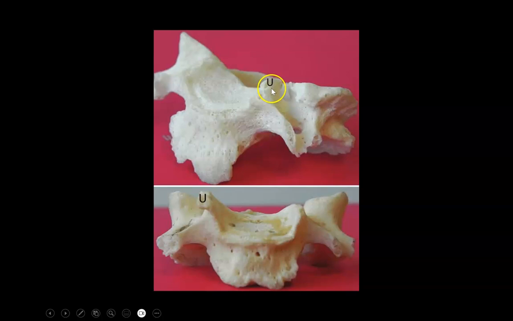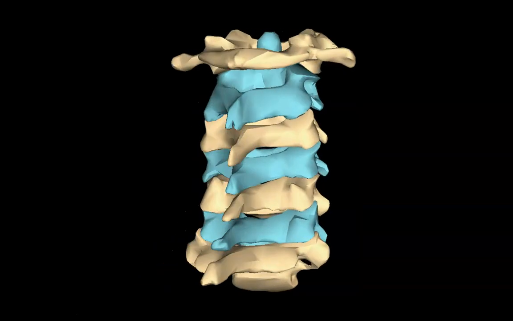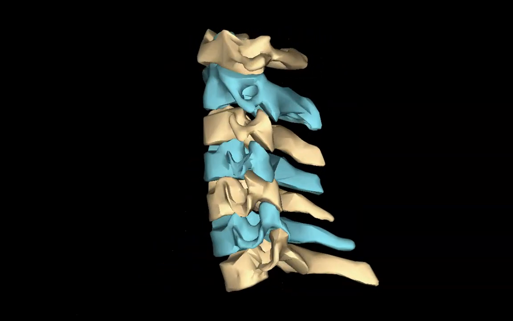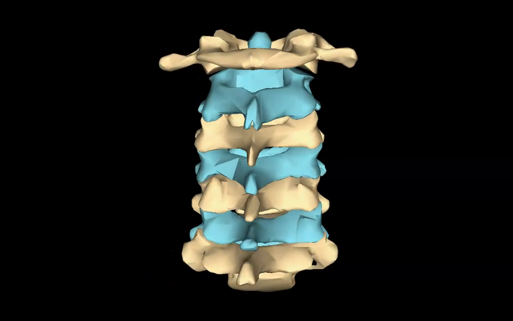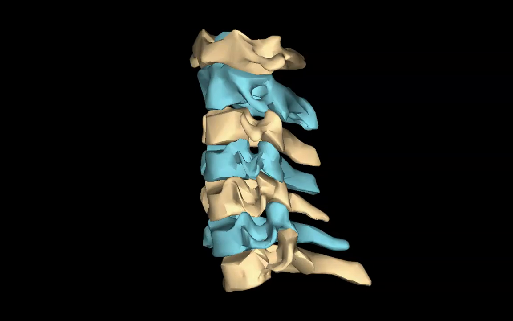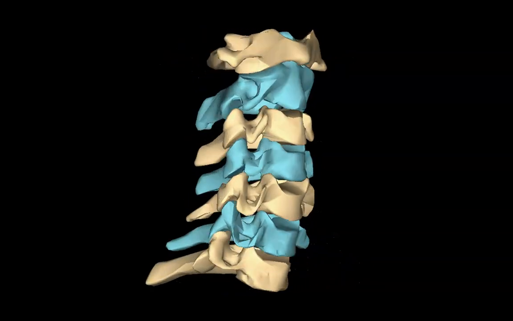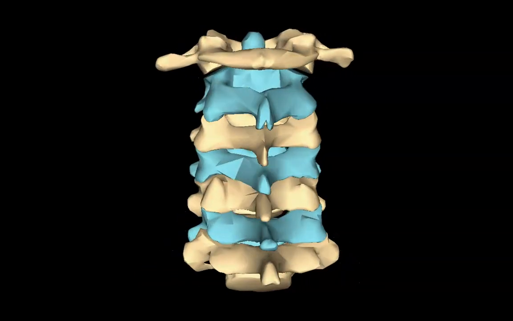And here is the lateral view showing the uncinate process, and anteroposterior view showing the uncinate process. Most lateral aspect of the vertebral body, upper border, articulating with the vertebrae above. And this is to show, to sum up, the joints and the uncovertebral joints and the articular facets and the discs.